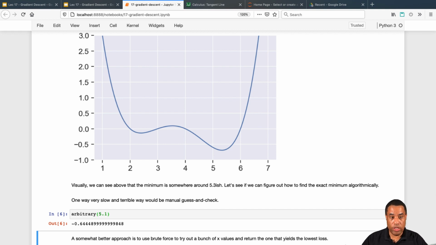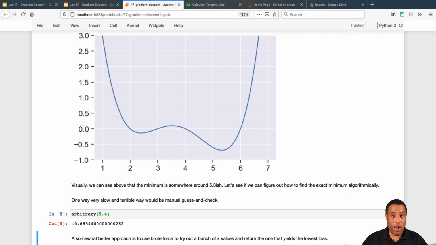We're now at negative 0.644. Let's go a little bit further to the right. We're now at negative 0.69, so we're still getting smaller, so that's good. Let's go a little bit further to the right. Okay, so we went from negative 0.69 to now negative 0.68. So we went from going down to now we're going back up.